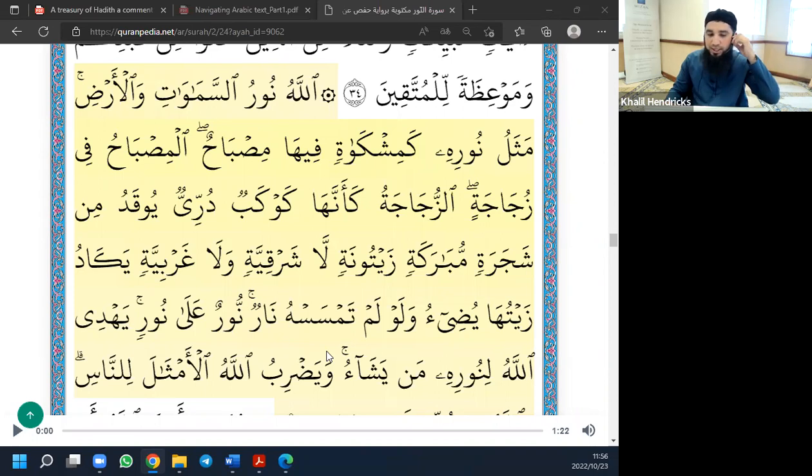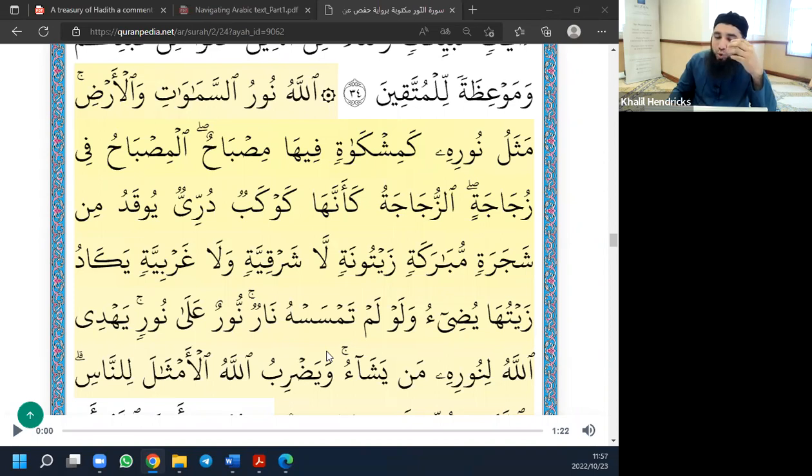The glass is like a star, a bright star that is fueled from a blessed tree, with oil that is neither eastern nor western. It's as if its oil is so luminous that it gives light on its own. Not the oil that is lit.